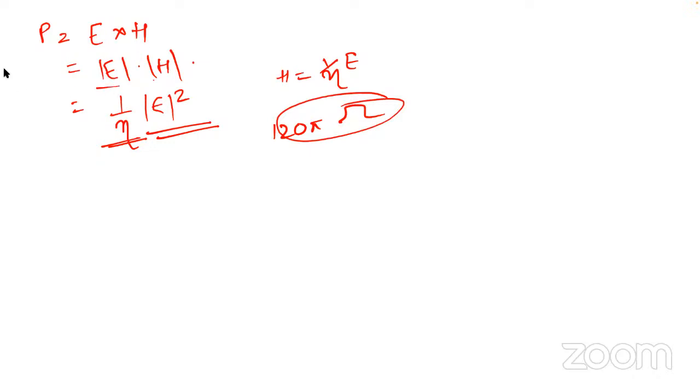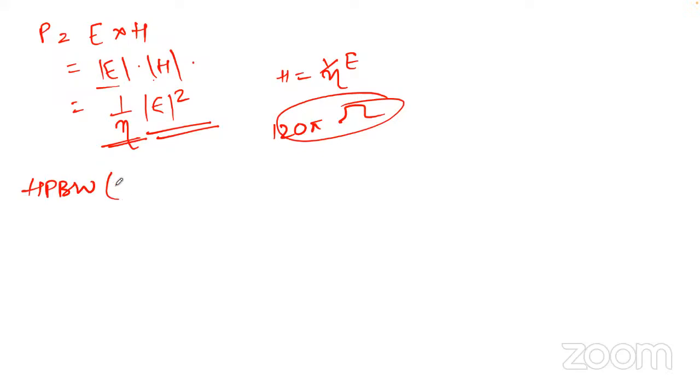From this, we went towards something called antenna theory. In antenna theory, we learned something called half power beamwidth. It is how we characterize an antenna.